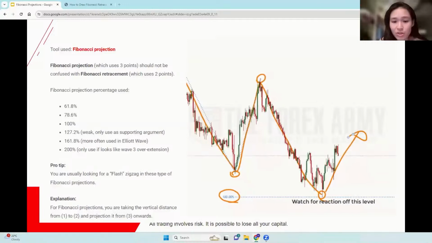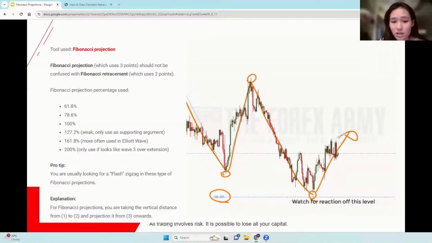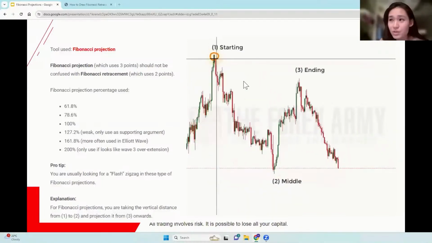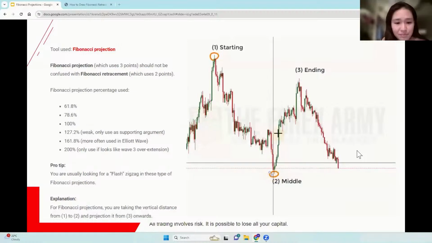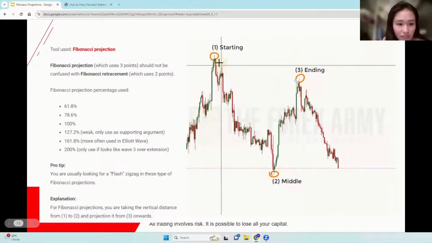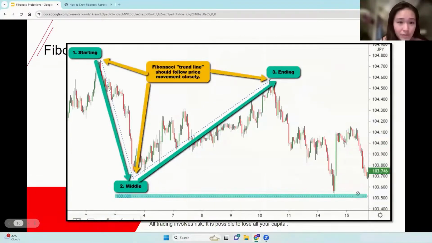You want to make sure that you look out for this flash or lightning bolt shape that you see in the GIF here. Okay, let's look at a couple of examples of this. Here's a simple example. You can see clearly the starting, middle, and ending points follow the swing highs and lows of the price structure.